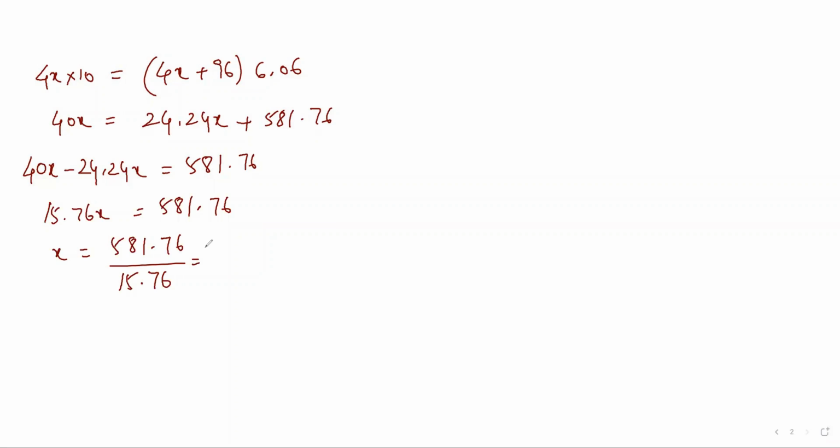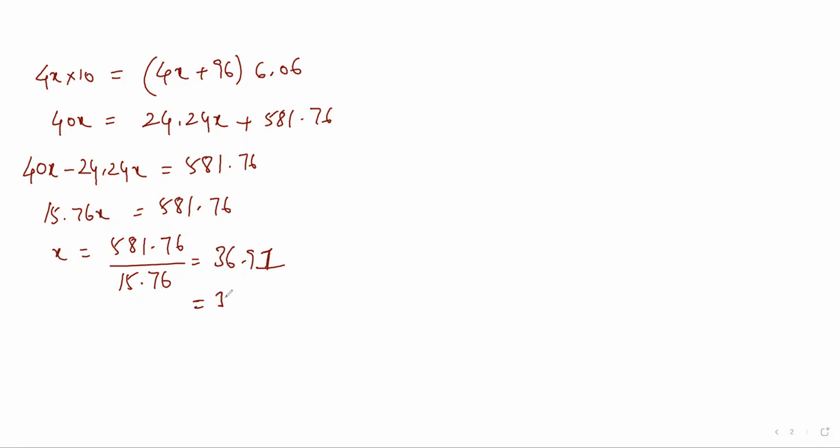Now do it. 581.76 divided by 15.76. What are you getting? 36.91, sir. So all of you got it. 36.91 means round it off.